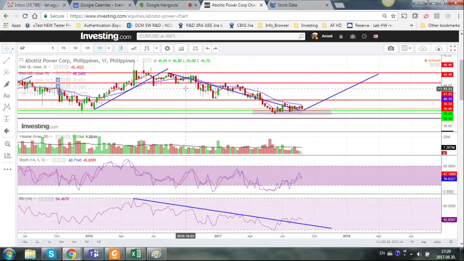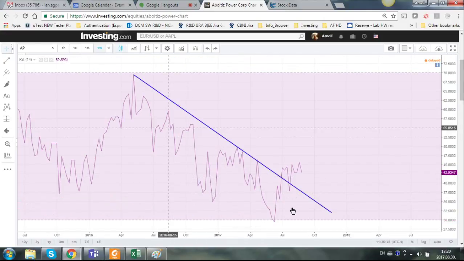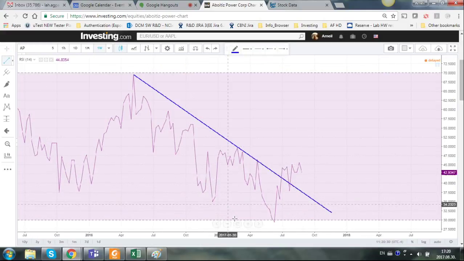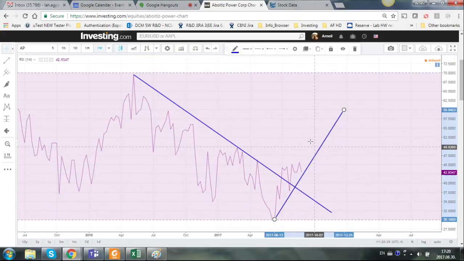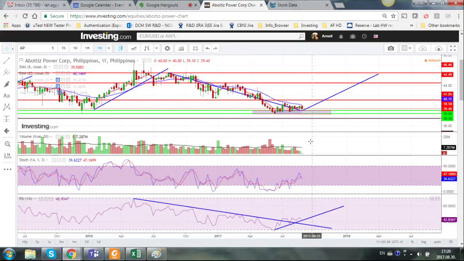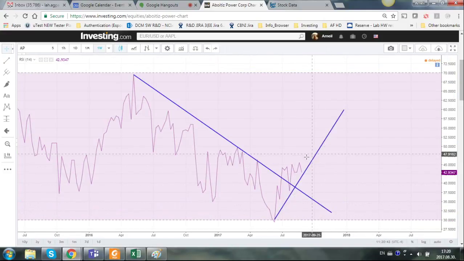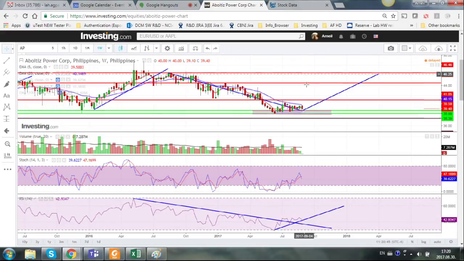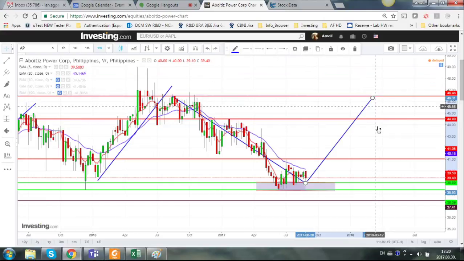So this is downtrend. This is downtrend, but the RSI here is not downtrend. It's uptrend now. This is an early indication of reversal. Dito hindi pa nag-reverse yung price, nag-flatten lang. But the RSI is indicating reversal. So it's giving us a clue that soon this will reverse.